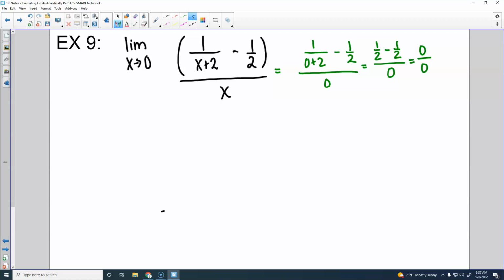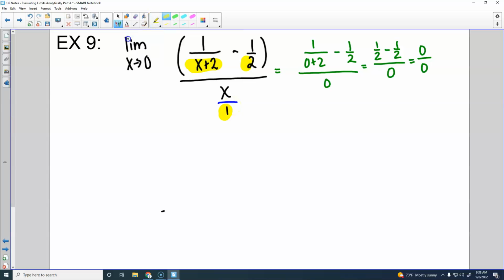The one that I prefer is to multiply through by a common denominator on top and bottom. Okay? So over here, the denominator here is just 1, right? So if I look at my denominators here, I've got x plus 2, 2, and the 1. Right?